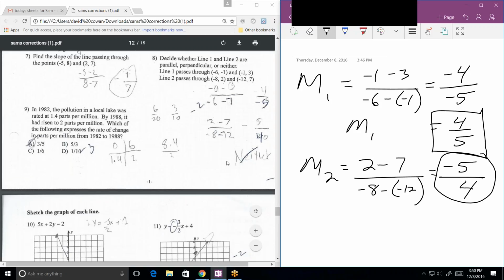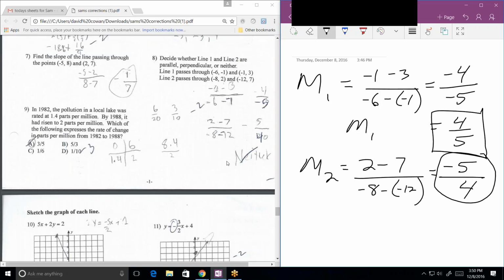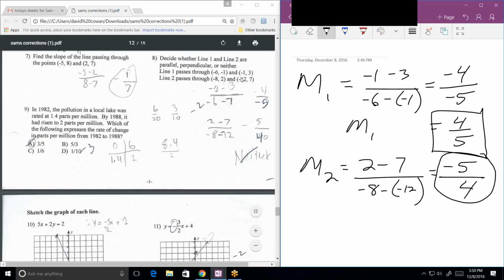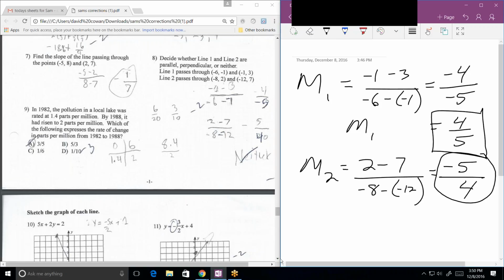It was that you made arithmetic errors, pre-algebra errors. Now, if you're using a calculator, you shouldn't be making those. If you're doing them in your head, then you can easily make a mistake. But there's nothing on this that you didn't understand. You just made a mistake with your math.